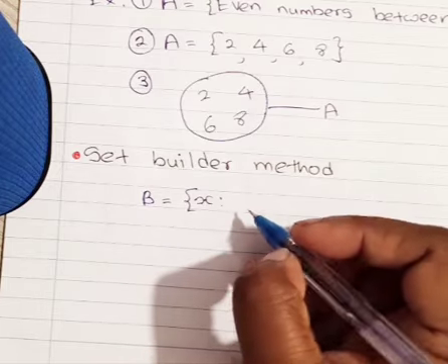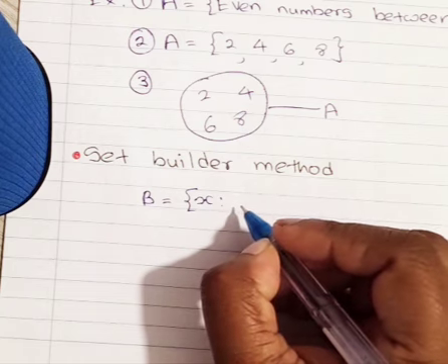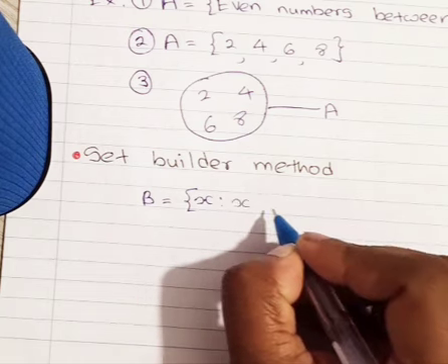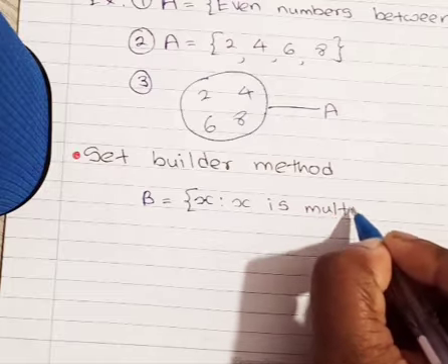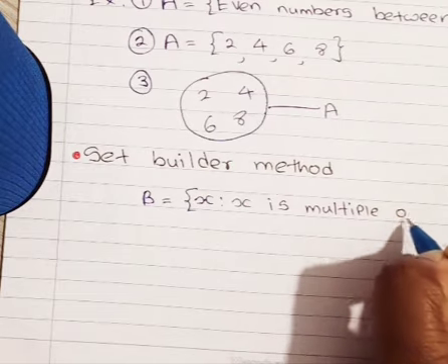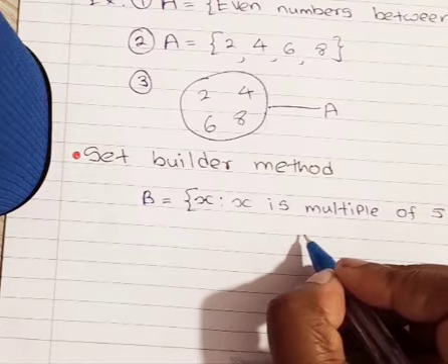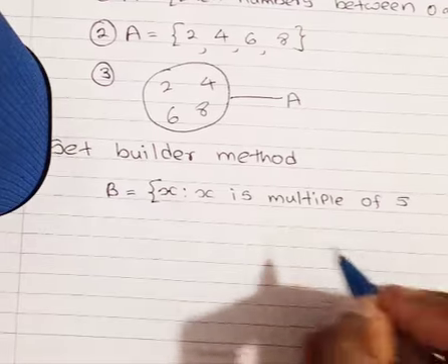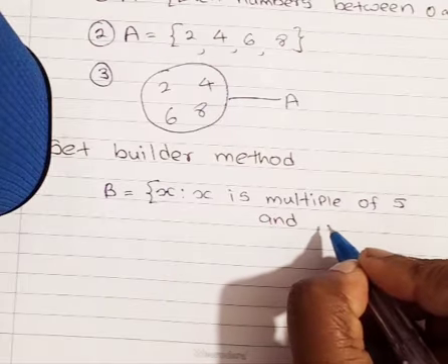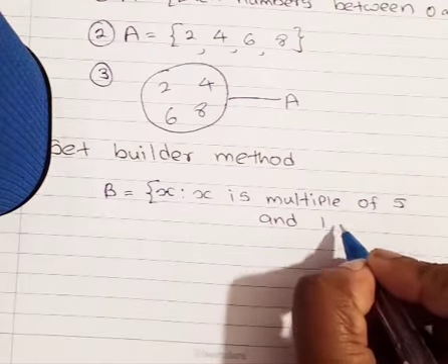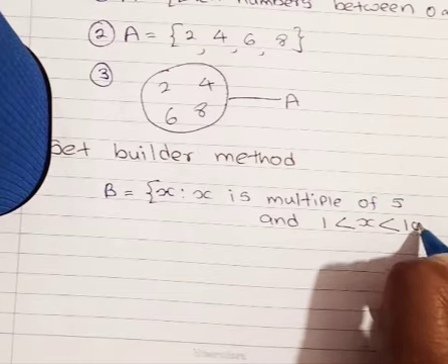So I can write: x is a multiple of 5 and it is greater than 1 and less than 10.